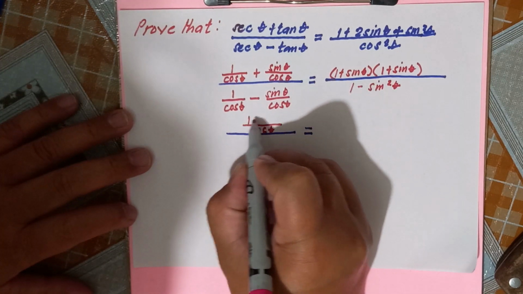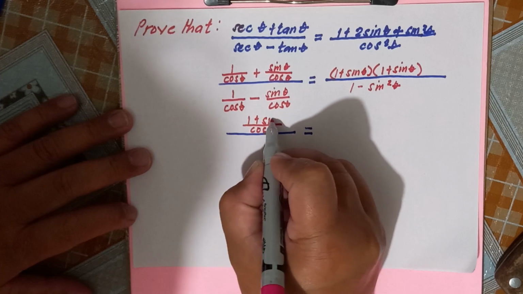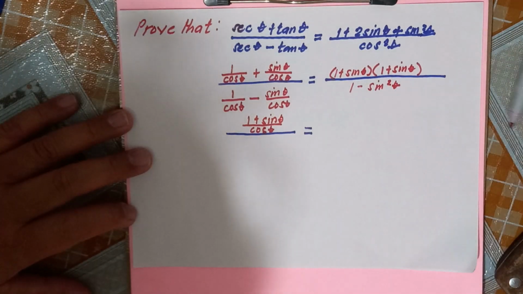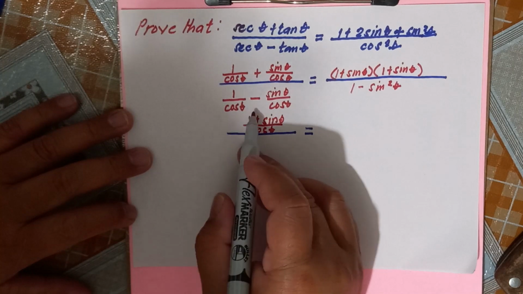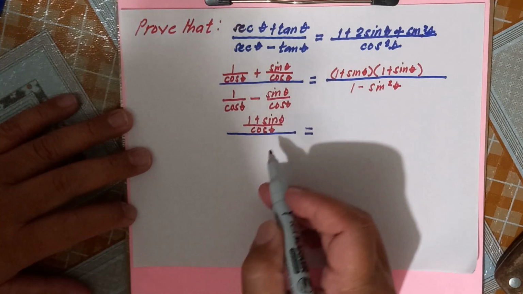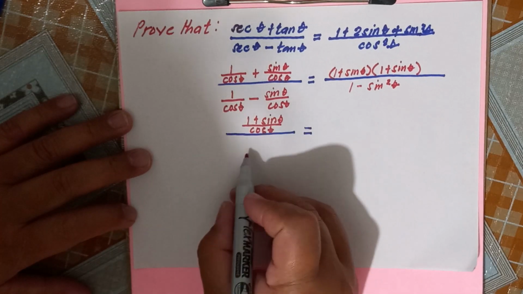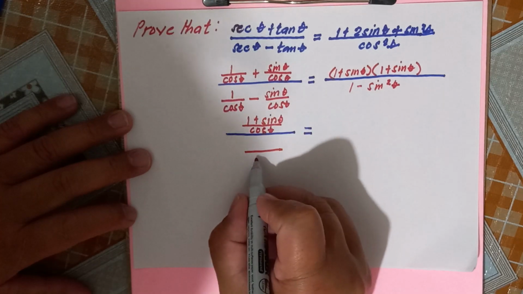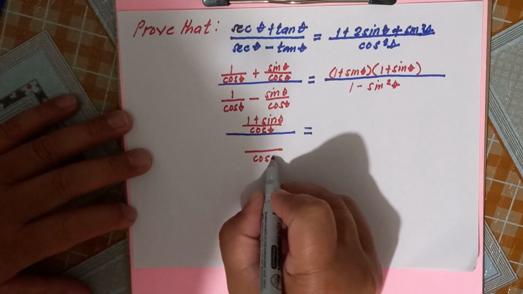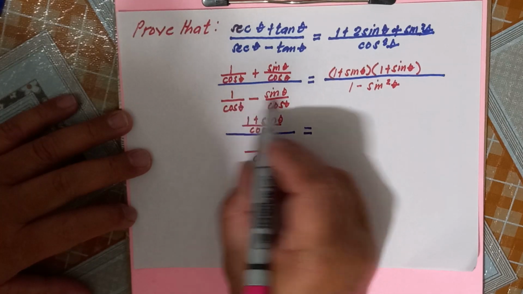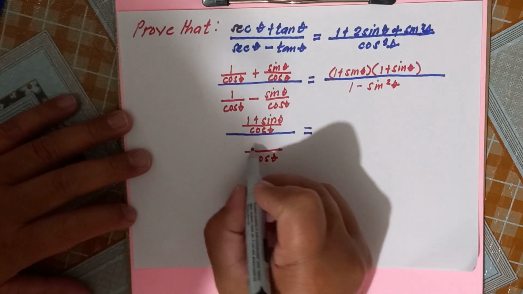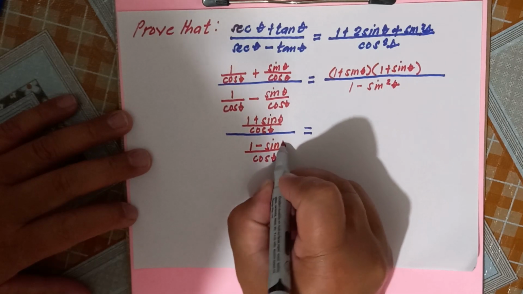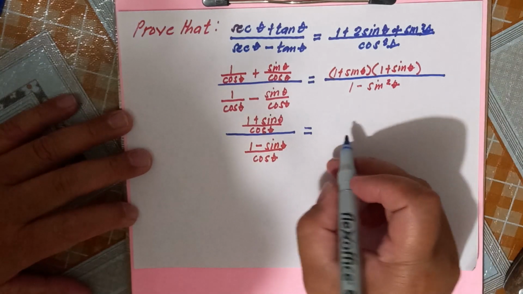So that is 1 plus sine theta. Now, what about the denominator? It has the same denominator, so when we subtract, we copy the denominator cosine theta and then subtract their numerators. So the numerator is 1 minus sine theta.